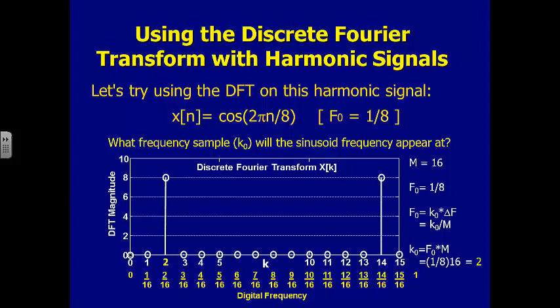And so we'll see a spike at 2, and we'll also see, counting down from what would have been number 16, another one at 14. And in fact, if you did take the DFT of those 16 samples, this is what you would get: 0, 0, 8, 0, 0, 0, 0, 0, 0, 0, 8, 0.